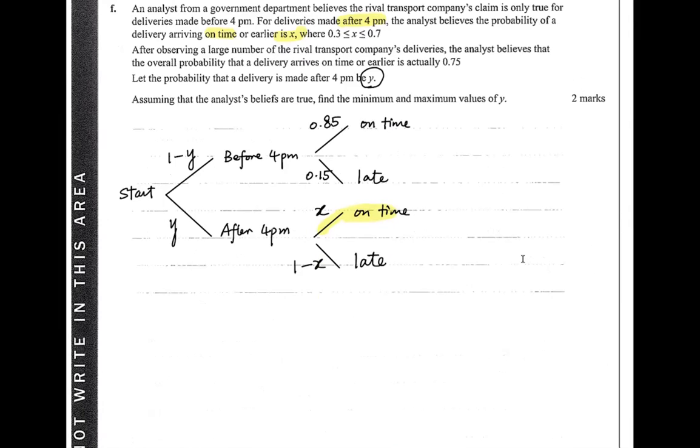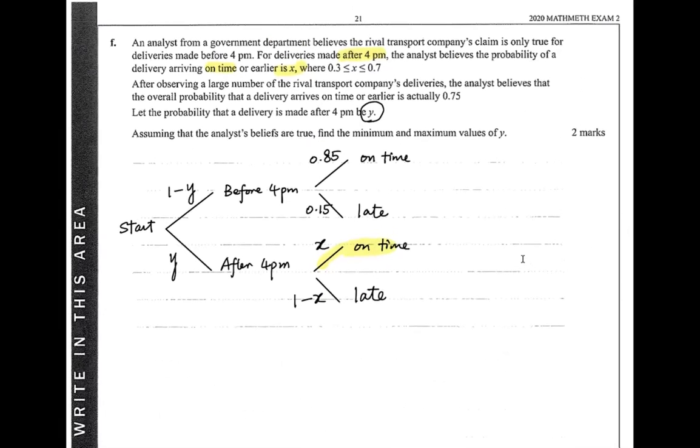Now, what else can I use from the conditions? On time probability 0.75. That means this one multiplied with this one, added up with this one times this one, is 75%.